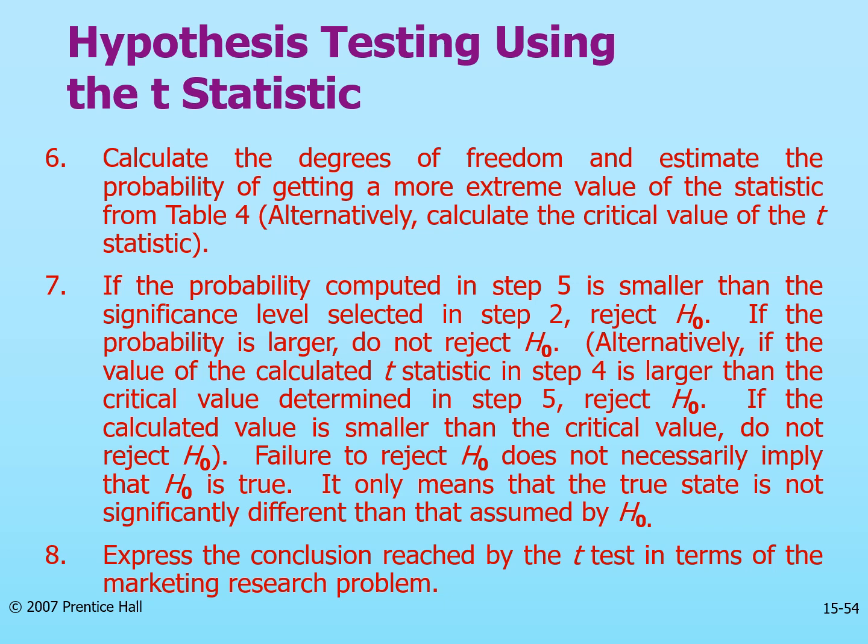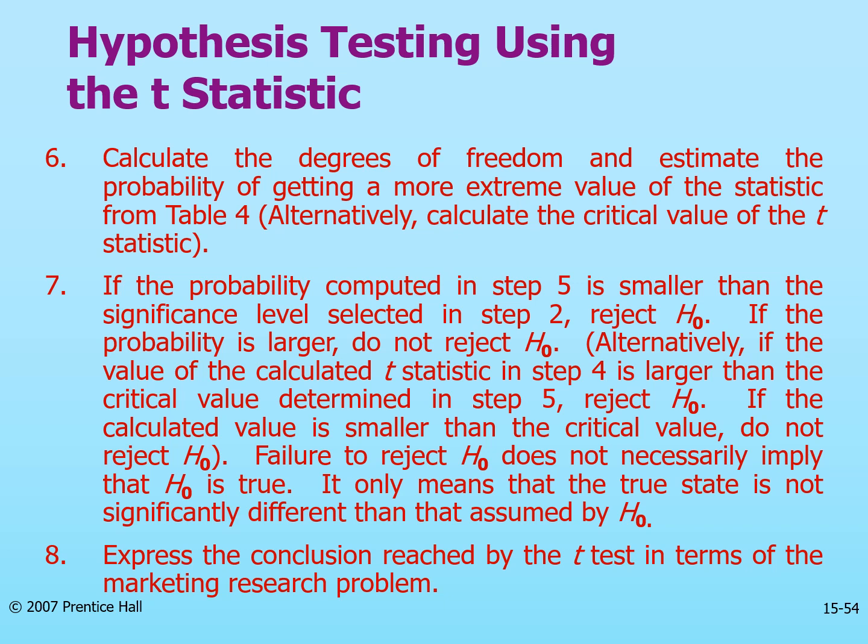Calculate the degrees of freedom and estimate the probability of getting a more extreme value of the statistic. So you calculate the t statistic value. If the probability computed in step 5 is smaller than the significance level in step 6, reject H0. That's what normally we used to say, that whenever the P value is less than 0.05, we should reject H0.